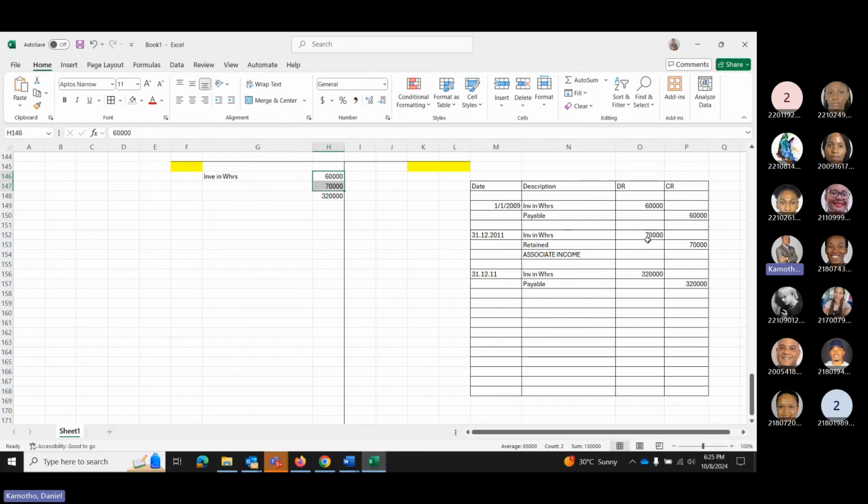In the absence of further information, we'll assume that the 130 fairly represented the fair value at that time. However, sometimes you are given the fair value. If the fair value is 150, then there is a shortfall of 20,000, which would have been added to the investment and credited to the retained earning. Am I clear on that point?